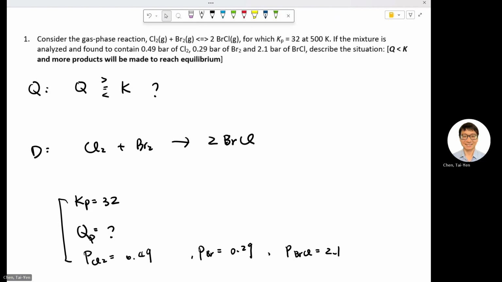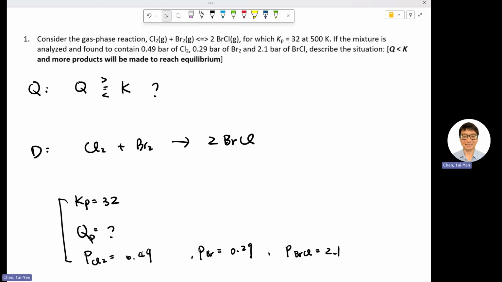Now read this question again. Did you see it says at equilibrium when they're talking about all these pressures? It doesn't. That's how I know those numbers are not for your K. Since they're not for your K, they have to be for your Q.